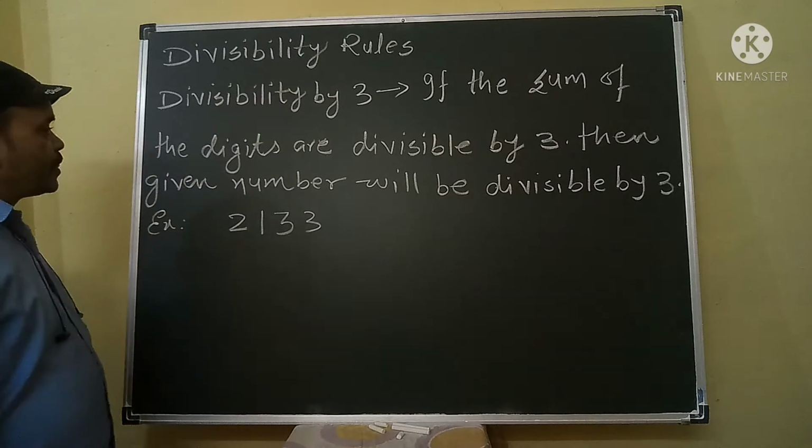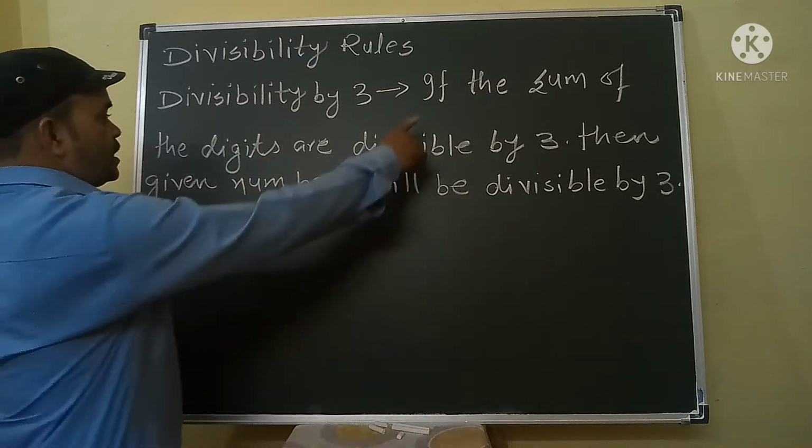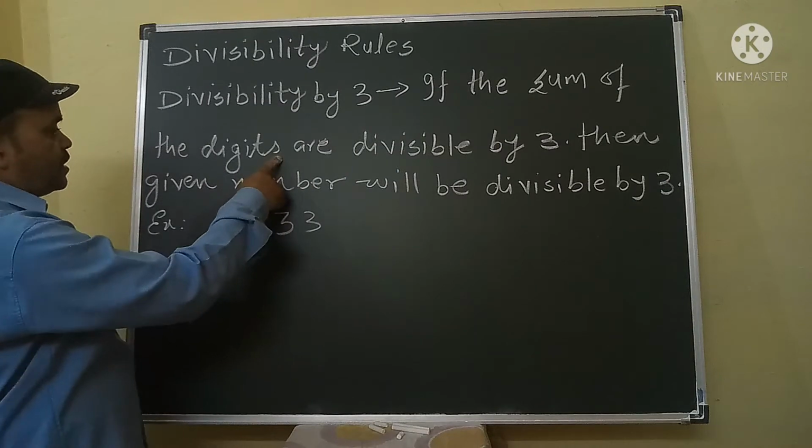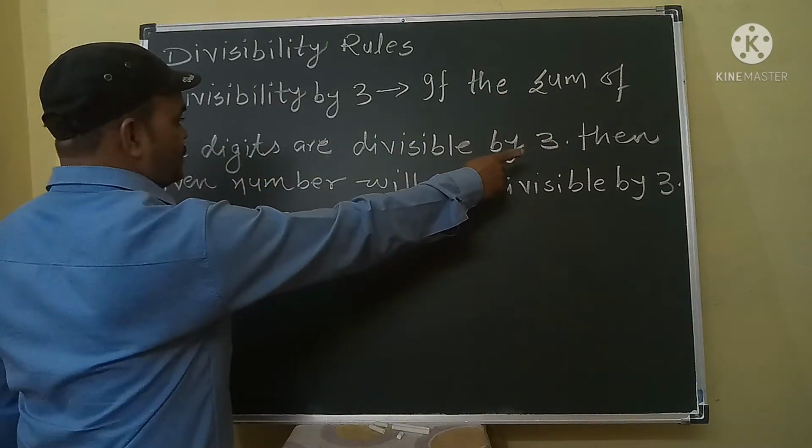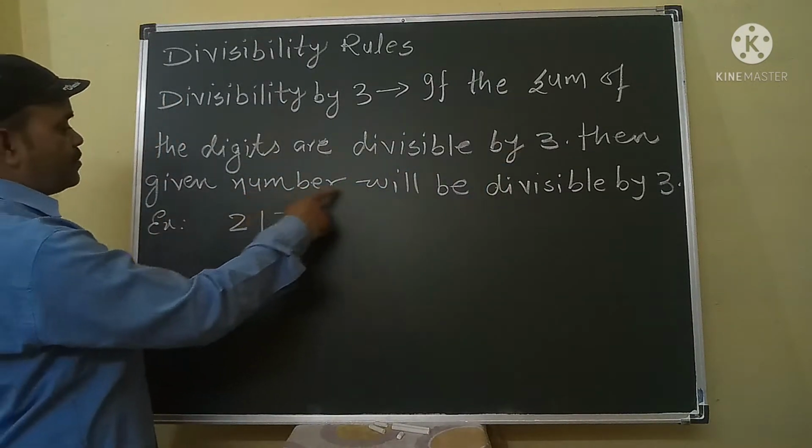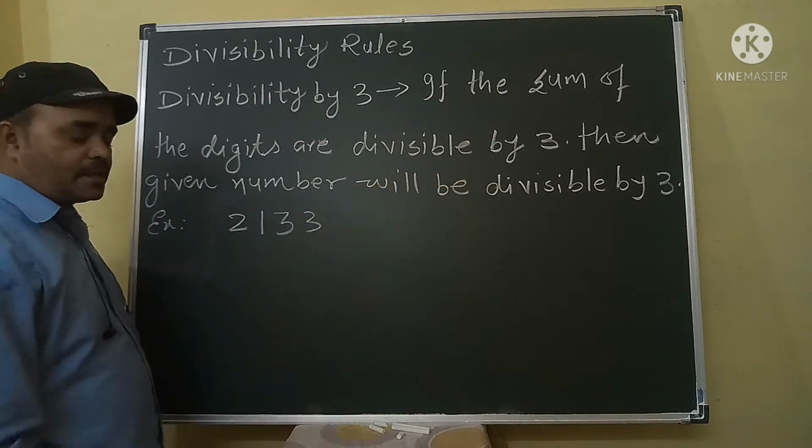So what will you do? According to the statement, if the sum of the digits is divisible by 3, then the given number will be divisible by 3.